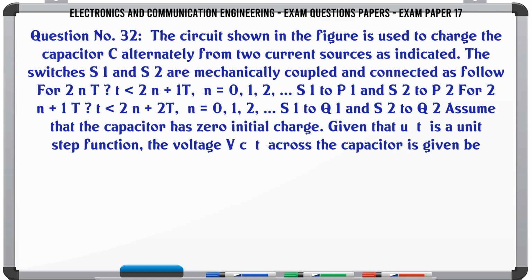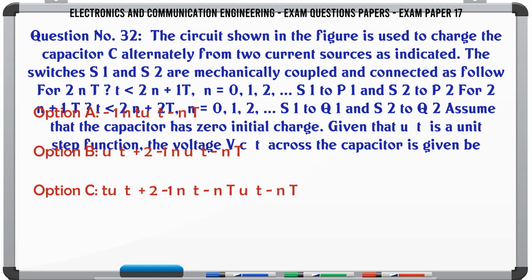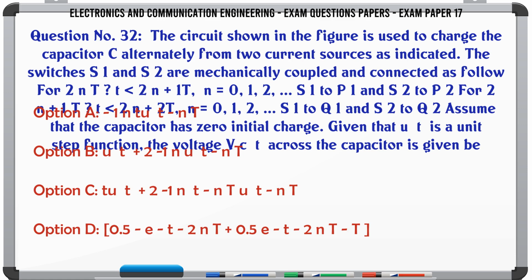The circuit shown in the figure is used to charge the capacitor C alternately from two current sources as indicated. The switches S1 and S2 are mechanically coupled and connected as follows: for 2nT < t < (2n+1)T, n = 0, 1, 2, S1 to P1 and S2 to P2; for (2n+1)T < t < (2n+2)T, n = 0, 1, 2, S1 to Q1 and S2 to Q2.